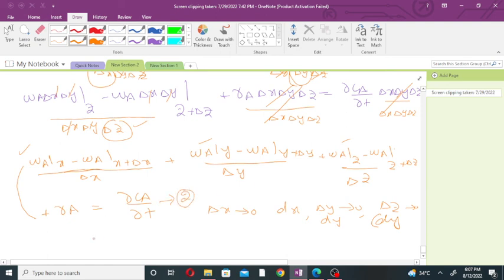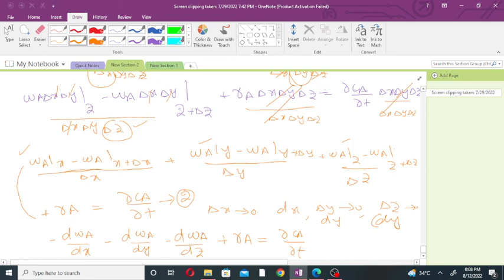So after simplification and using the definition of first order derivative, equation number 2 will be written as minus dWA by dx minus dWA by dy minus dWA by dz plus RA is equal to dCA by dt.